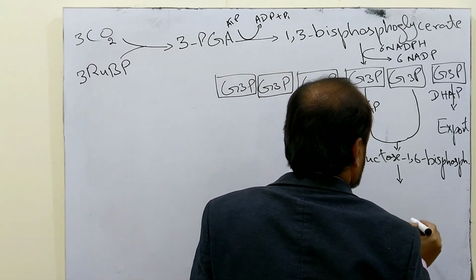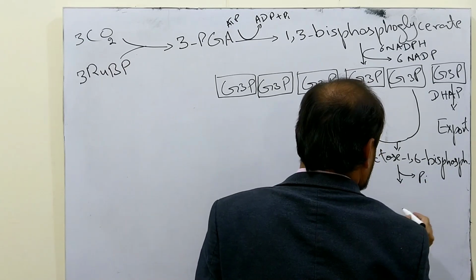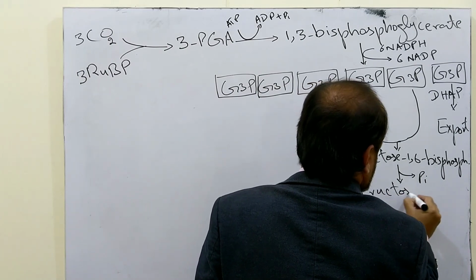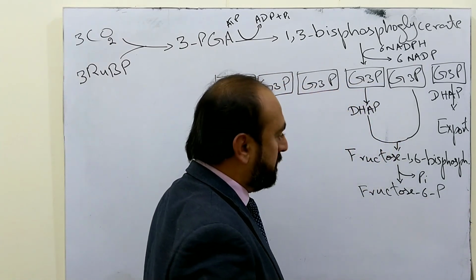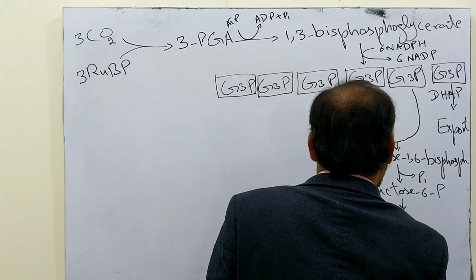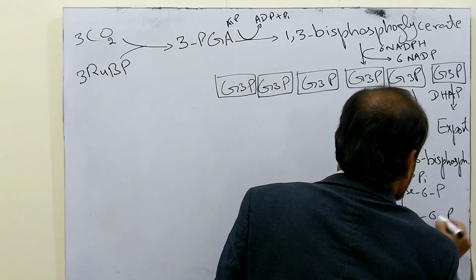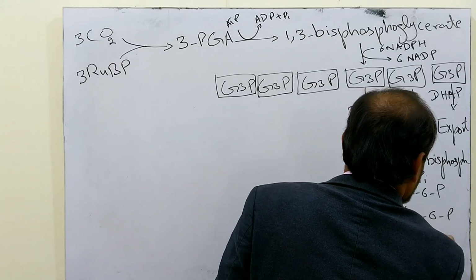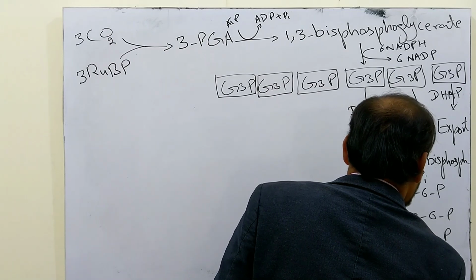This fructose 1,6-bisphosphate is converted to fructose 6-phosphate by losing one phosphate group, then to glucose 6-phosphate, to glucose 1-phosphate, and to starch.